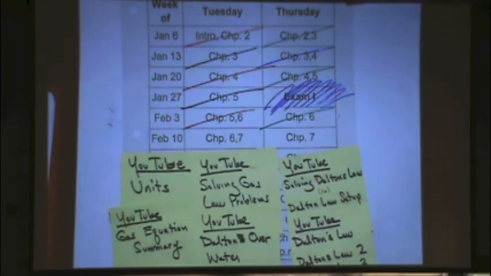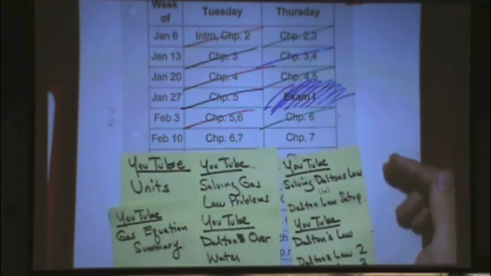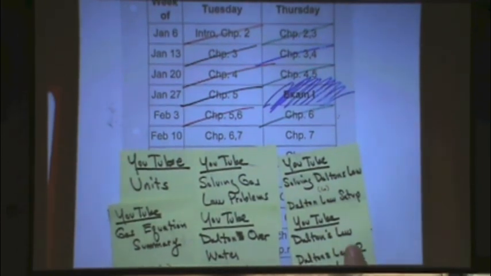Some Dalton's law problems occur over water, and it's a particular type of Dalton's law problem. I'm not going to do an example in class, because it's just another Dalton's law problem. But you might want to see it ahead of time, just so you see how they work. They're fairly easy. And then I've got all kinds of solving Dalton's law, Dalton's law 1, then Dalton's law 2 and 3, other examples.